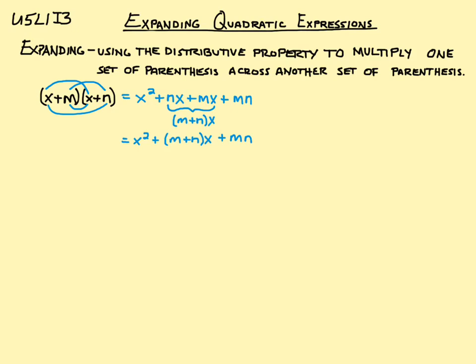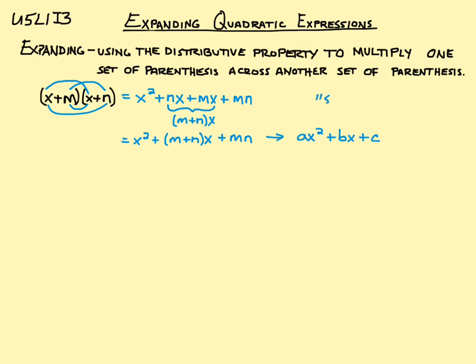So this is a real important relationship to keep in mind when we get to the next toolkit, which is factoring quadratic expressions, because we use this idea here. But now that we have x squared plus m plus n times x plus mn, we simplify that down to ax squared plus bx plus c.